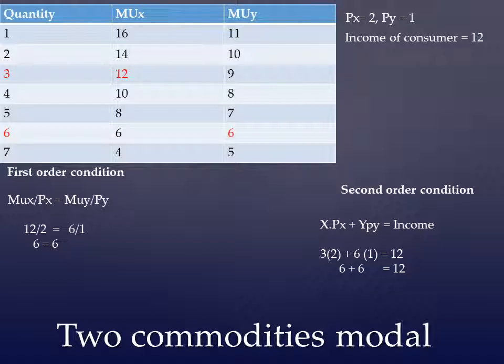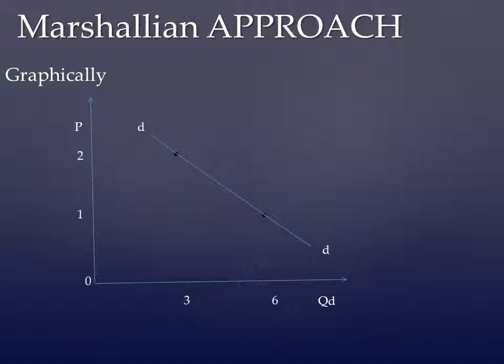Now move towards the second order condition. Here the formula is X into Px plus Y into Py equals income. If we put in the values, it also becomes equal. Now we explain the Cardinal approach graphically.